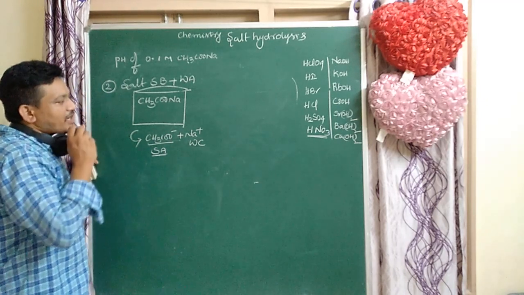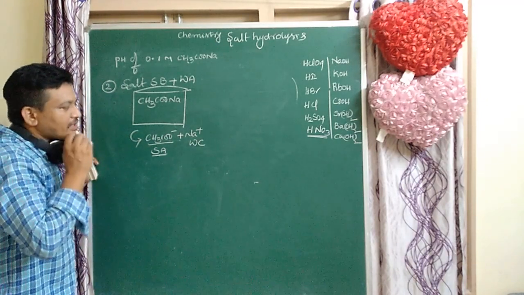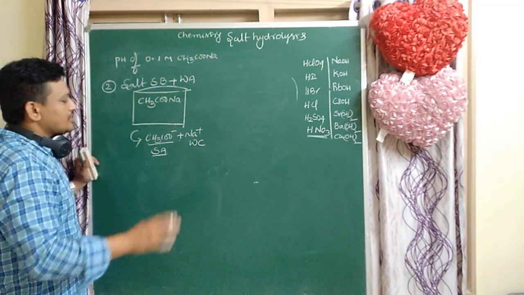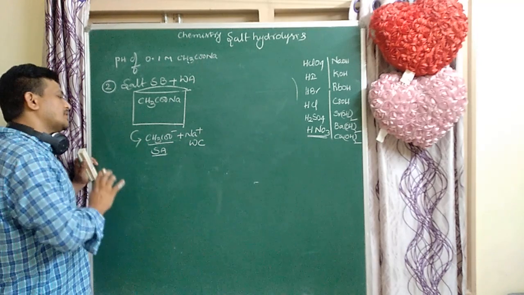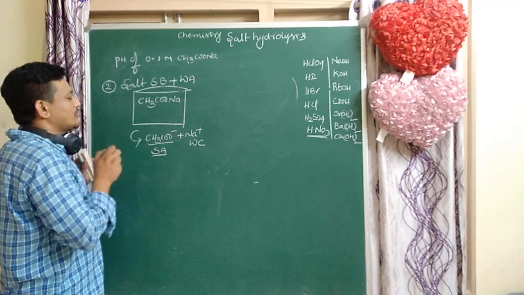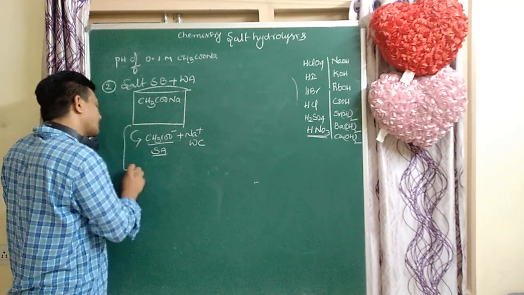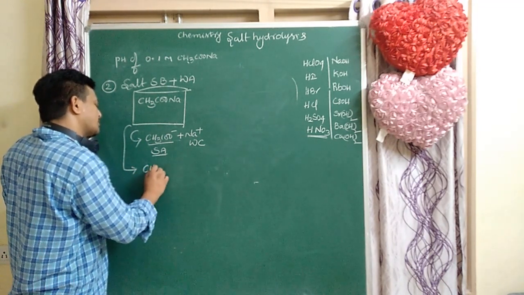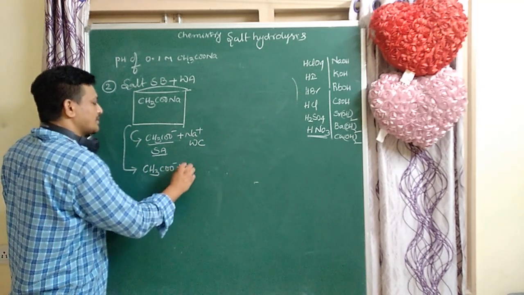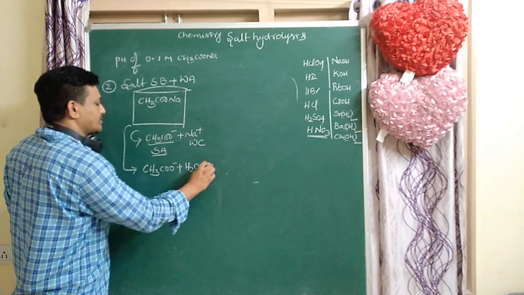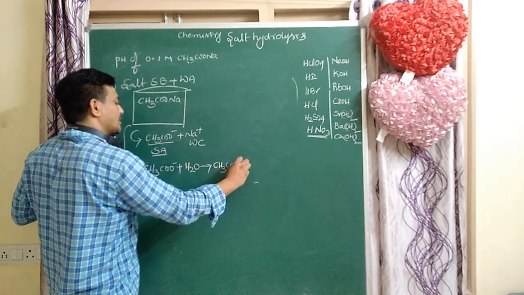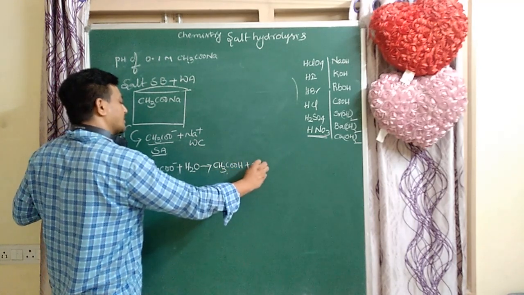Strong ions easily react with water, whereas weak ions do not react with water. So which one reacts with water? The acetate ion reacts with water: CH3COO minus plus H2O gives CH3COOH plus OH minus.